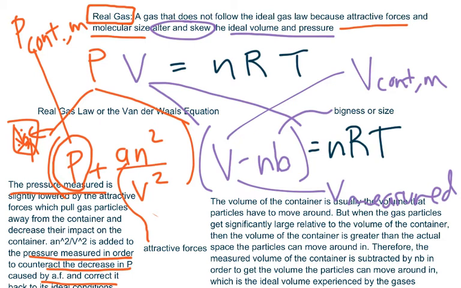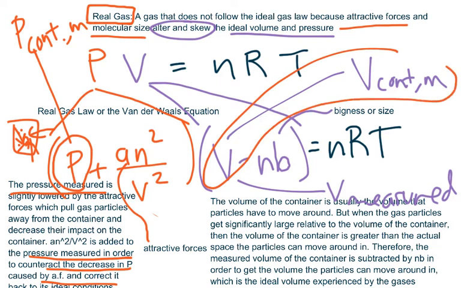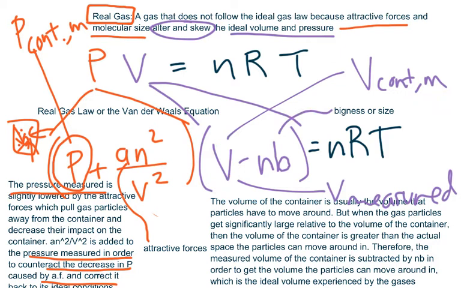Well, the volume that we measure is going to be this term over here. It's going to be the volume of the container measured. But let's read this text to see what happened exactly to the volume to make it not ideal. The volume of the container is usually the volume that particles have to move around, because if you think about it, the container, assuming that the particles are super small, is basically the volume that the particles can travel in.